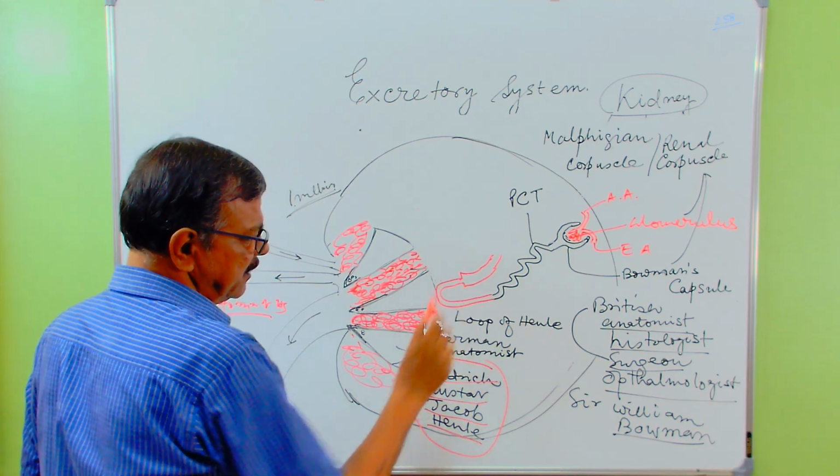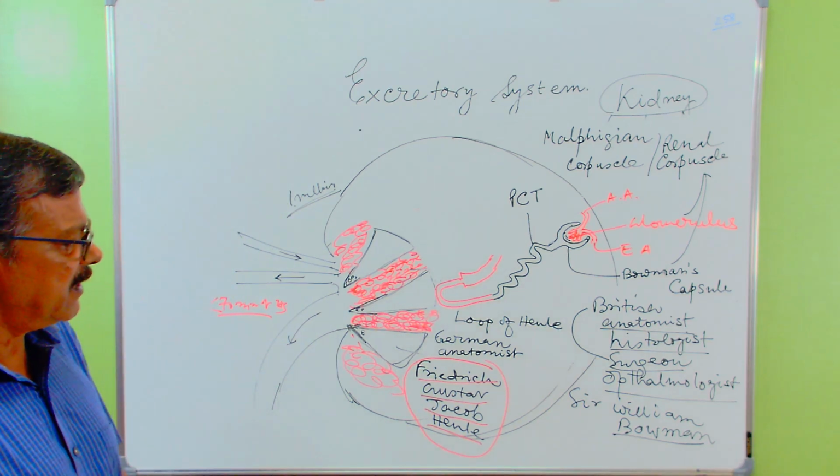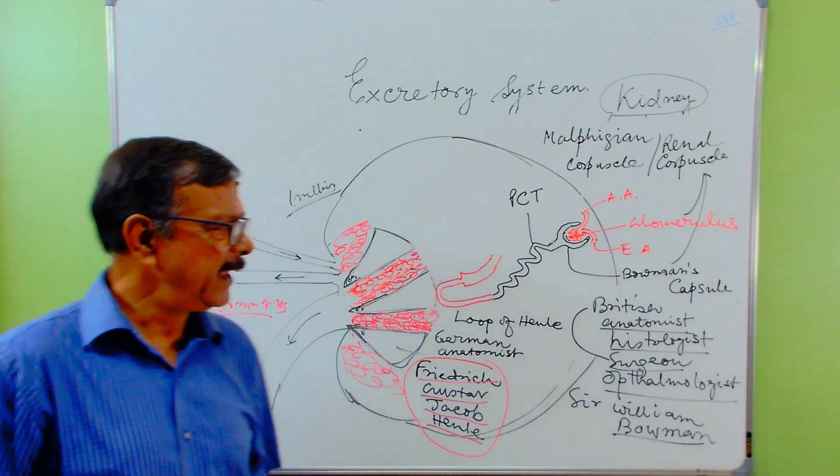He discovered this loop, and after his name it is known as the loop of Henle.